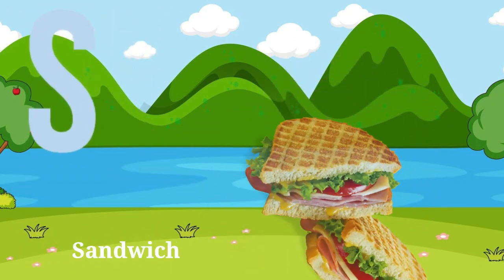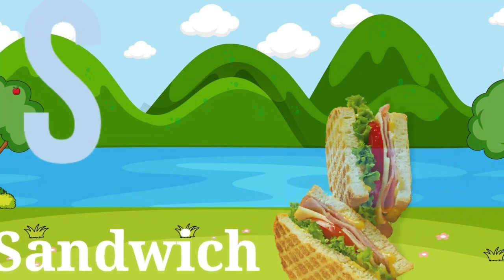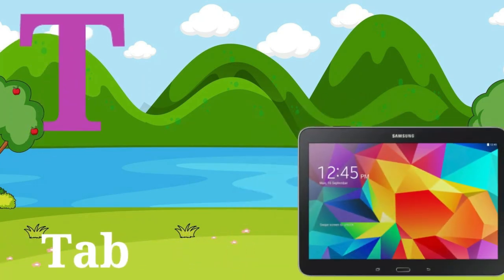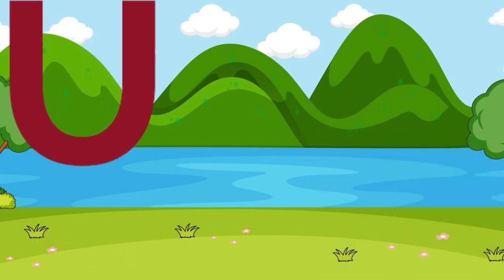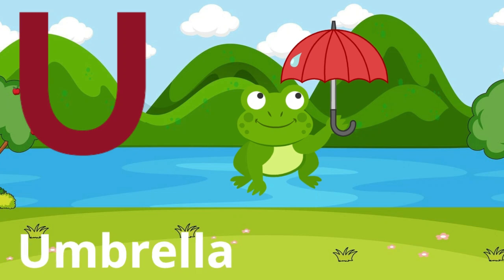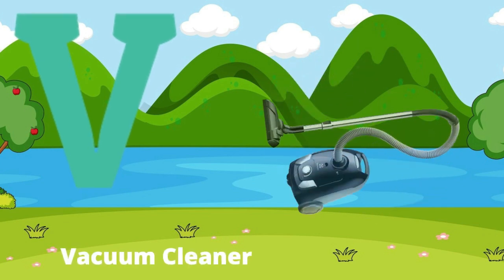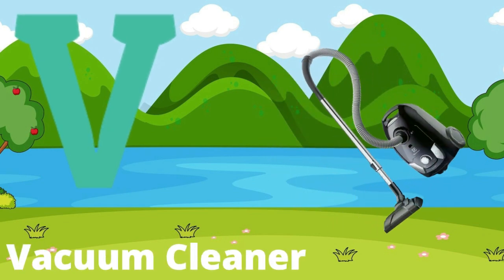S for sandwich. T for tap. U for umbrella. V for vacuum cleaner.